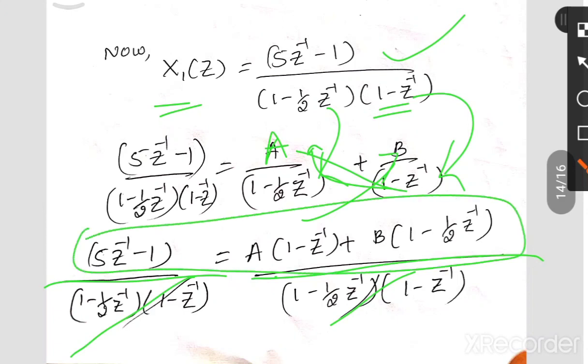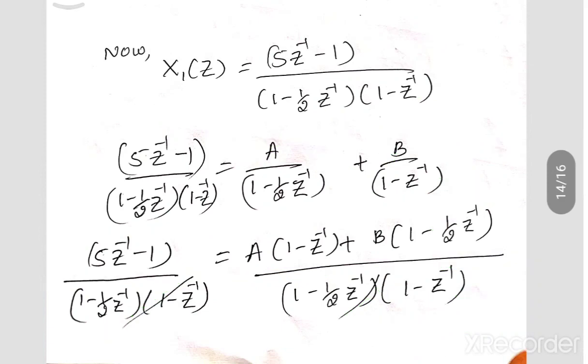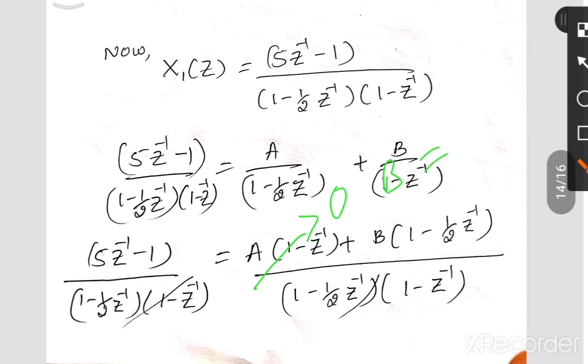So to get the A value, put B is equal to that, put z raised to minus 1 equal to what value we have to put? 2. If you put z raised to minus 1 value 2, then the B terms will be 0, then we get the A value. And then to get the B value, what we have to do? The A value should be 0.